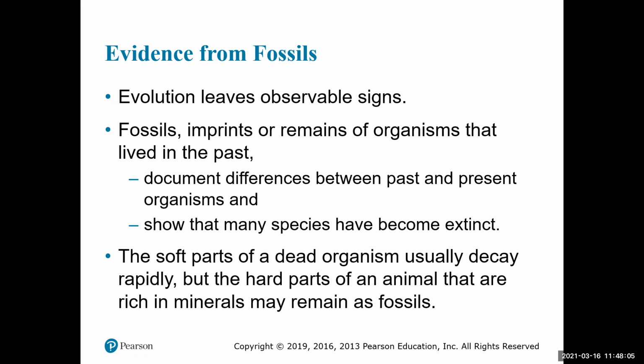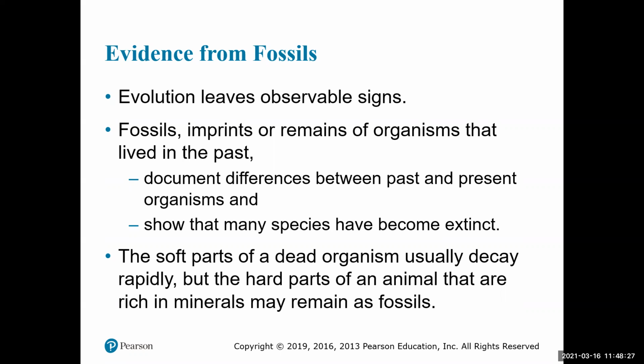We also can find imprints of organisms, so not necessarily fossils of, say, hard body parts, but maybe footprints or impressions that we can use to look at and determine how life has changed throughout its evolutionary history.